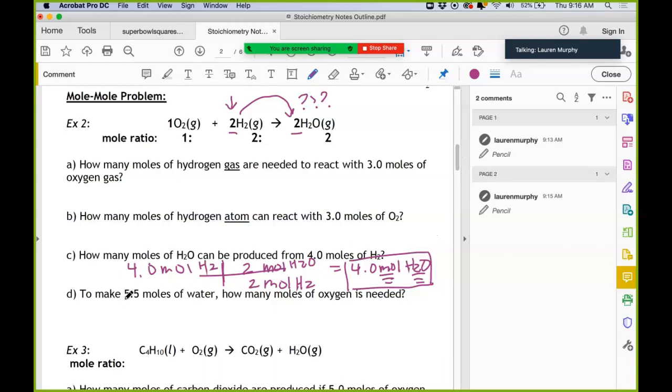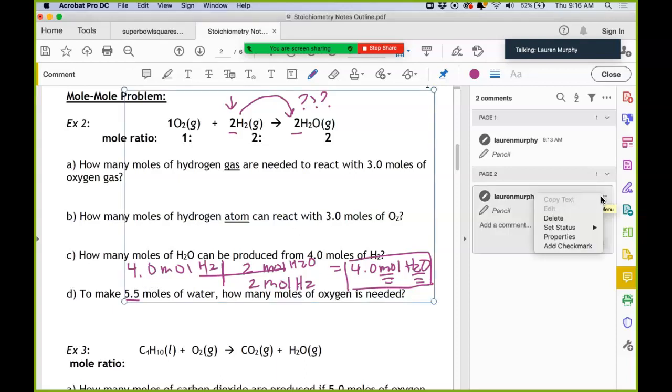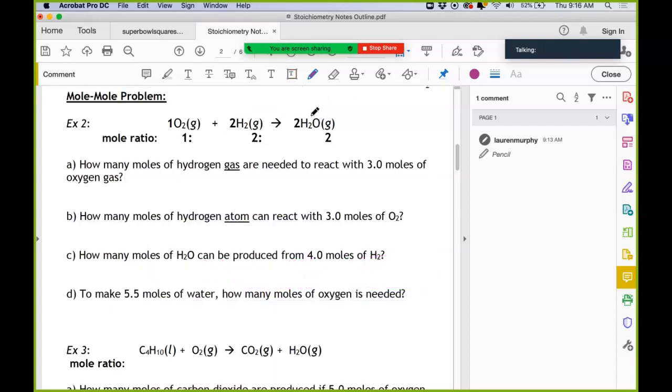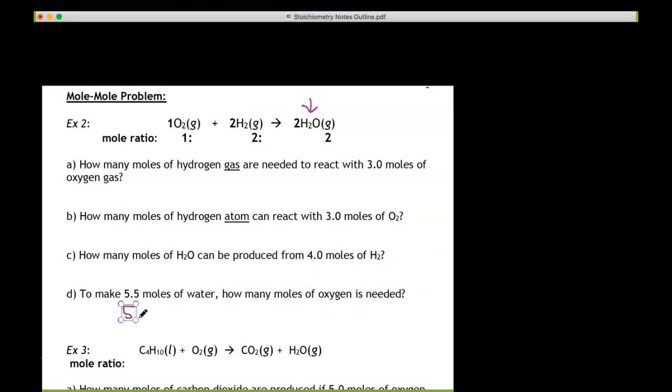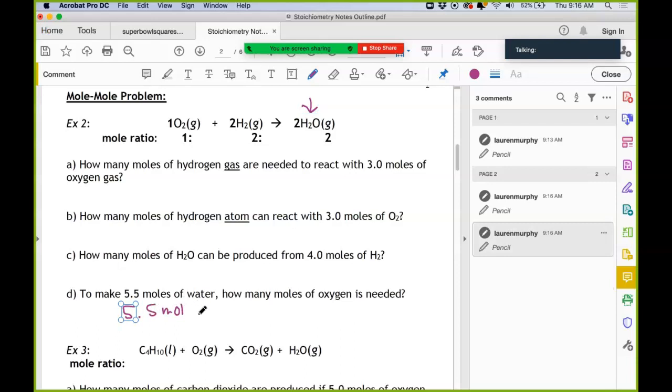So let's try this last mole to mole problem. So 5.5 moles of water. So that's this guy. Okay. How many moles of oxygen? So that's this guy.